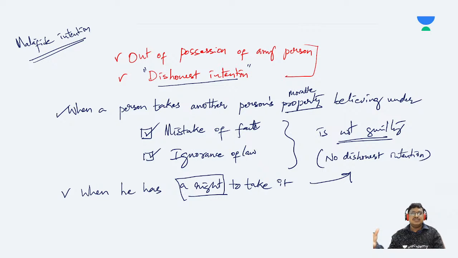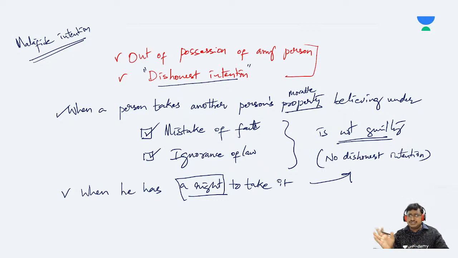Whenever he takes that plea, the burden of proof lies upon him, and then it cannot come under the purview of theft. Thereafter, on a certain occasion, Mr. A and Mr. B have jointly purchased a movable property, a television set. Mr. A has taken away that movable property. As such, he has a right over the same, even without the consent of Mr. B.